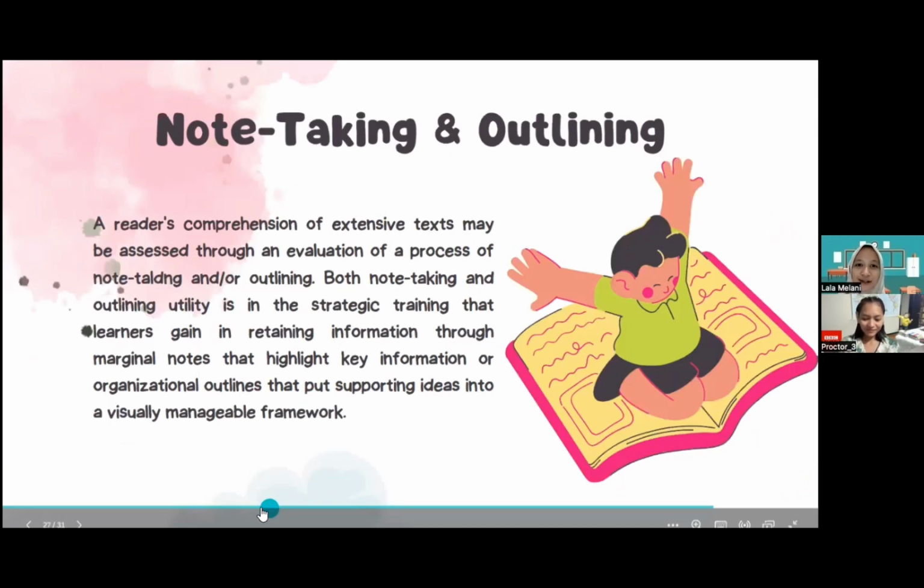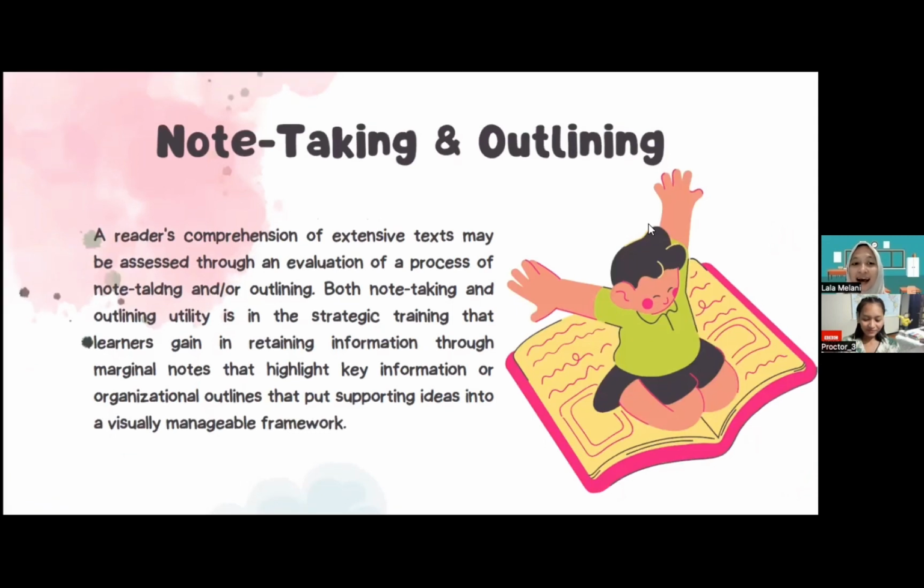Okay, the next is note-taking and outlining. A reader's comprehension of extensive text may be assessed through an evaluation of the process of note-taking and/or outlining. Both note-taking and outlining have utility in the strategic training that learners gain in retaining information through marginal notes that highlight key information or organizational outlines that put supporting ideas into a visually manageable framework.